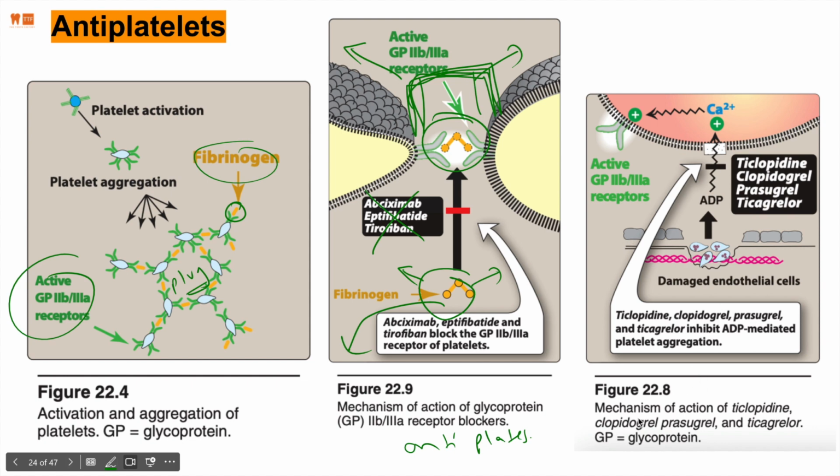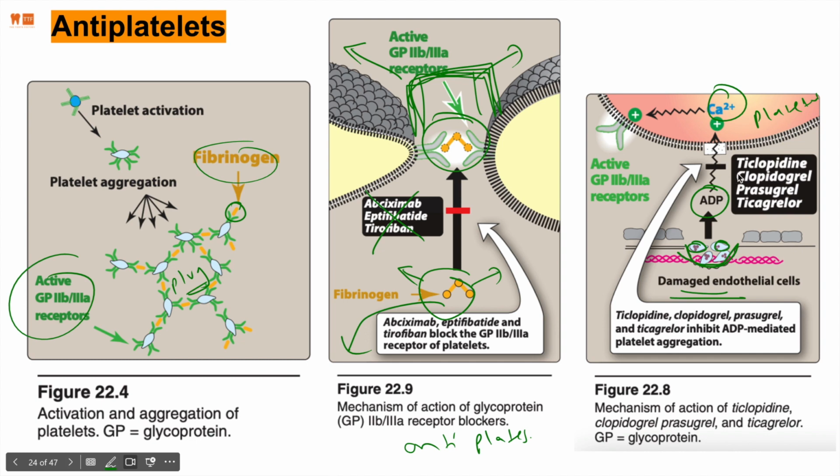This is ticlopidine, clopidogrel, and ticagrelor. Basically, there's ADP. A damaged endothelial cell with a collagen bed has platelets. Platelets send ADP. ADP goes to the next platelet and says, hey, increase your calcium, I have to go out and join the party.